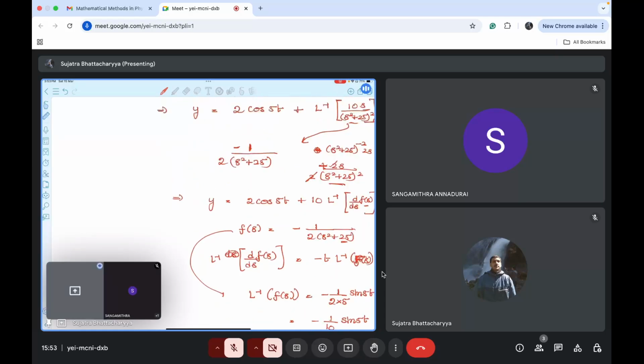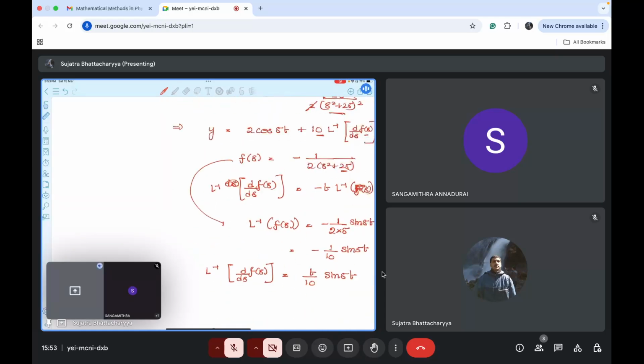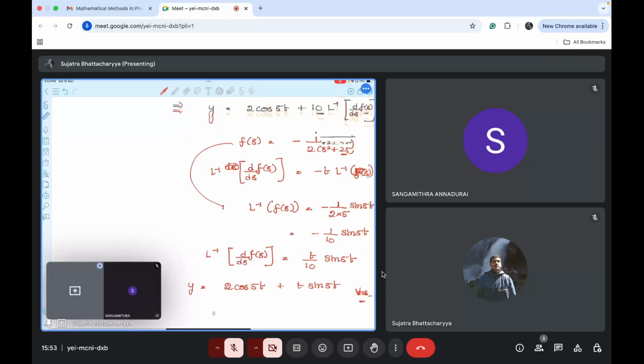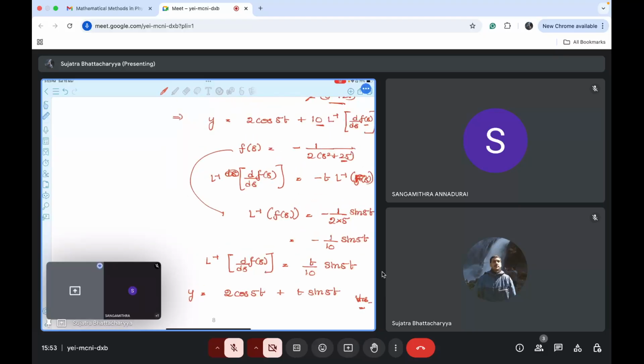And what you already have outside is 10. So y will be equal to 2 cos 5t plus t sine 5t. This is what we get. Okay, so this is how you have to solve. Fine.